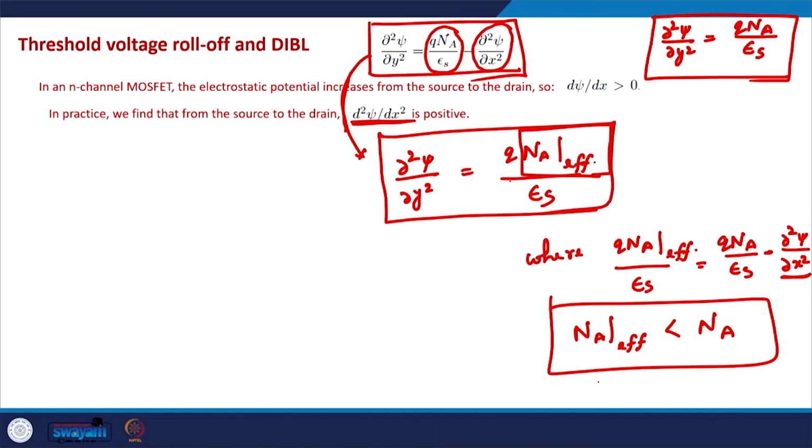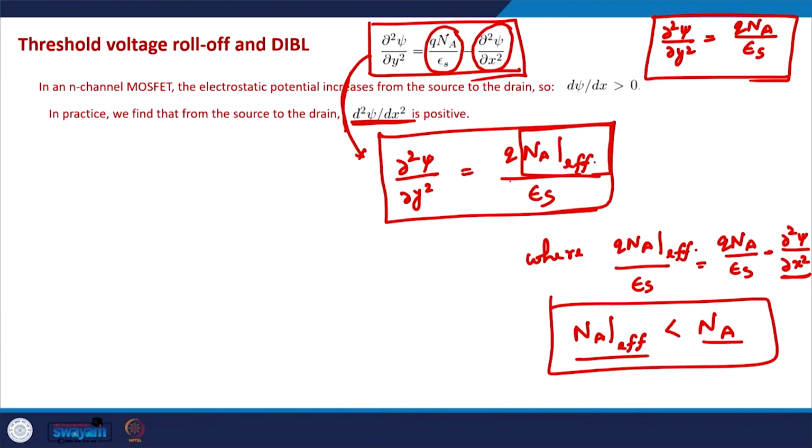So the 2D electrostatics effectively reduces the doping of the semiconductor. Now in all the expressions that we have seen for the threshold voltage and the depletion width, we need to replace Na by Na effective. So that is the impact of the 2D electrostatics. And now this Na effective is smaller than Na.